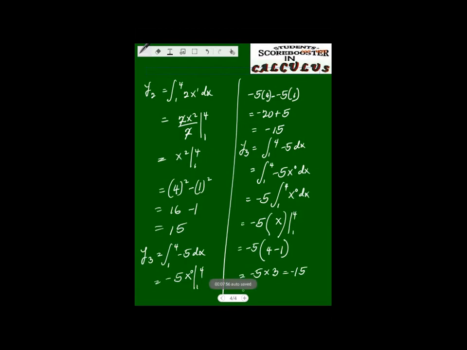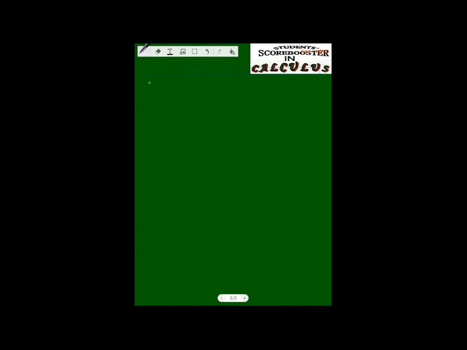Now remember, we are looking for y, which will be y1 plus y2 plus y3. So now our final answer is going to be y is equals to 21, which is y1, plus 15, which is y2, minus 15, which is y3, and that will be 21.